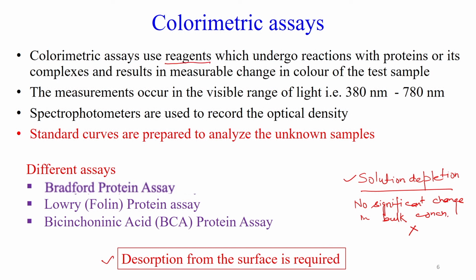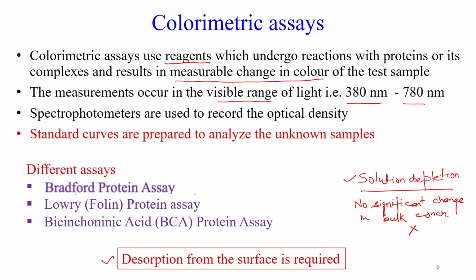That reagent will form a complex or react with the protein or its complexes, and after this interaction there should be some measurable change in the color, and that color we analyze in the visible range 380 to 780 nanometer. To analyze the color we use a simple spectrophotometer and we record the optical density.